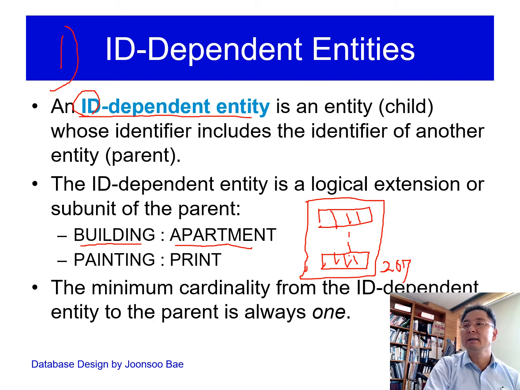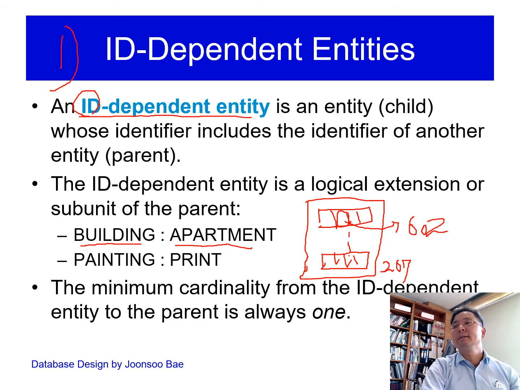So many apartments exist in this building. Among them, this apartment number is 602. In order to identify this 602, we need building number 207.